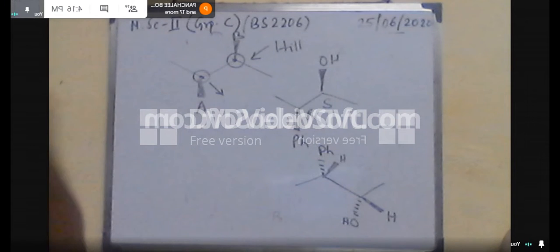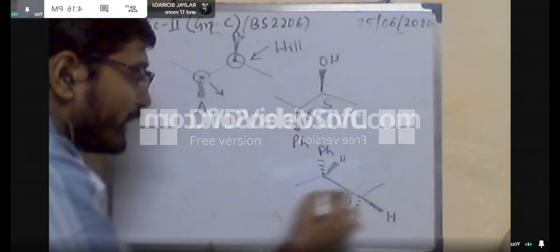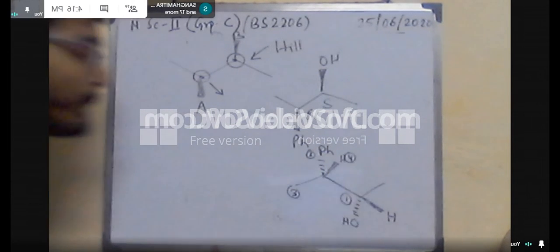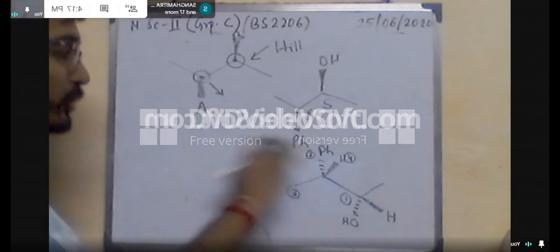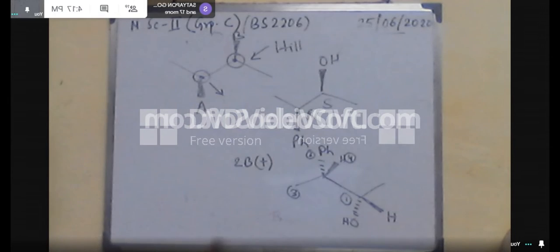If the cyclohexane is substituted, that means one substituent can remain in the axial position or it can remain in the equatorial position.